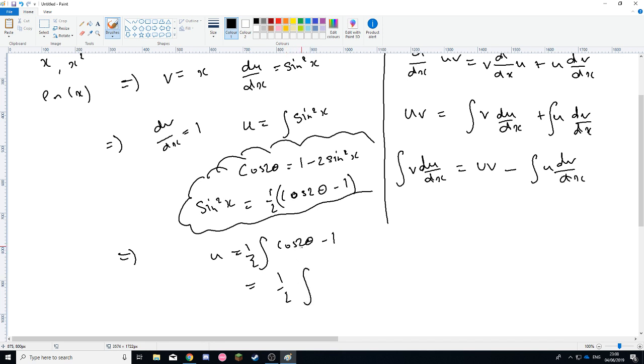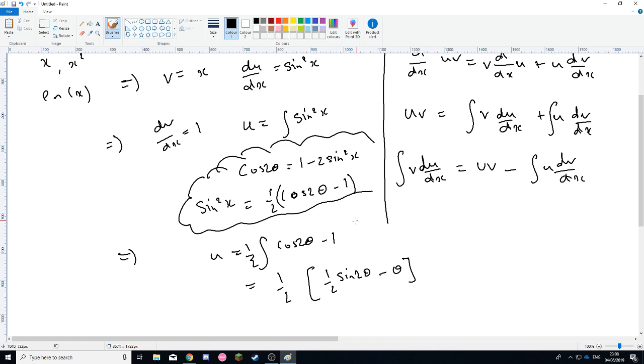And then you do reverse chain rule. To get to cos, you have to have sine, and because this is a positive cos, you have a positive sine. You have half sine 2 theta minus theta, and this is your u.